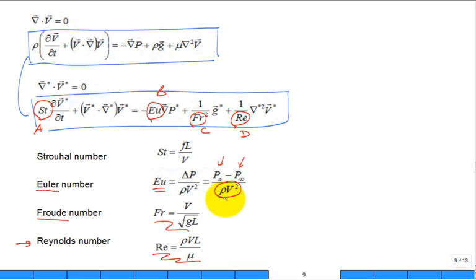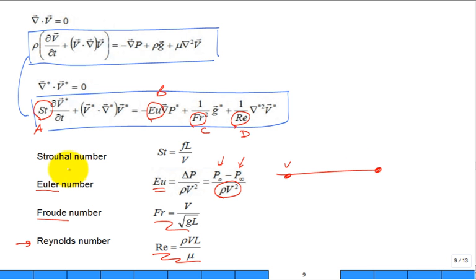You could put a 1/2 in there or leave the 1/2 out, but it's rho V squared. That sure does look like our dynamic pressure. That would be bringing a fluid packet from here with speed V to rest. That would be an increase in pressure by 1/2 rho V squared. We've seen that a couple times. Okay, so that's our Euler number.